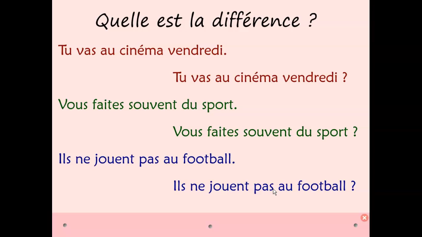Now it's a negative question. They don't play soccer. You're kind of checking on that information. So we can take the exact same chunk of words, put it together, and depending on the punctuation, period or question mark, and the intonation, falling or rising, it can be either a sentence or a question.